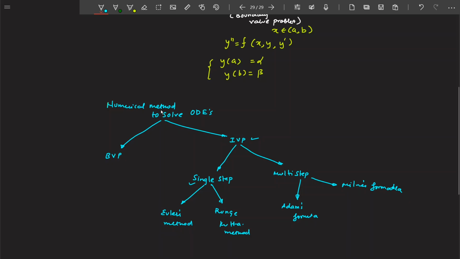When you talk about boundary value problems, we'll be using the shooting method. So these are the techniques that we are going to learn to solve your ordinary differential equations.